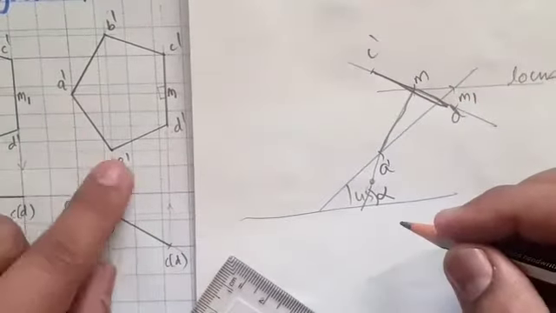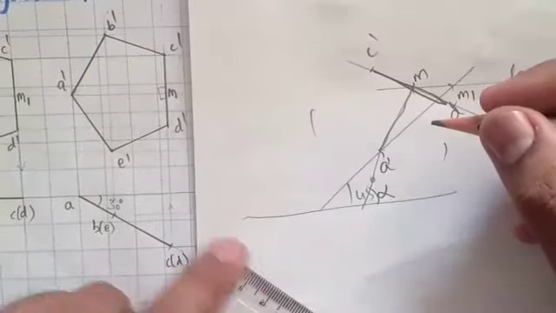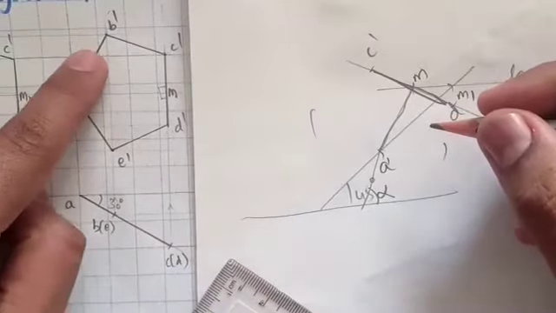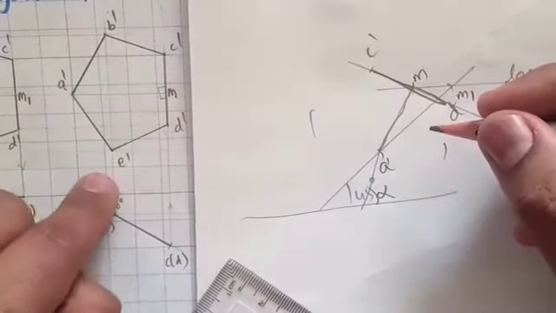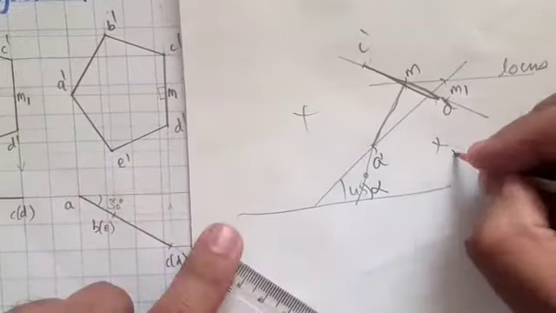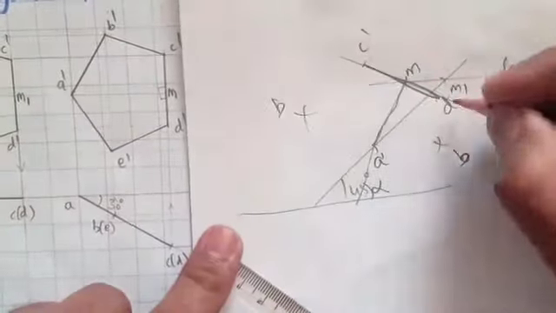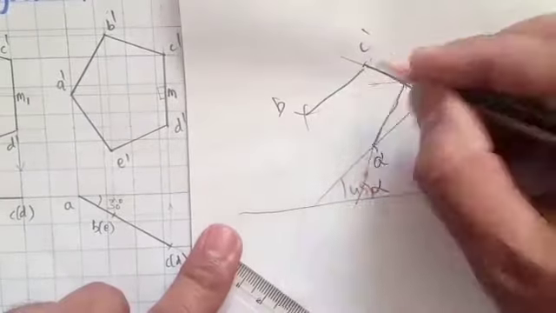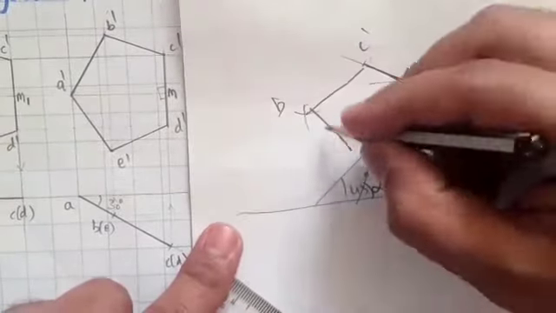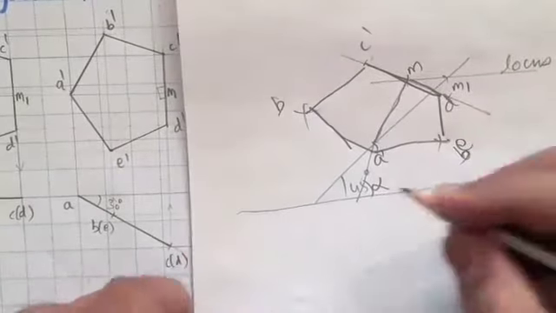So AE and AB are equal. AE and AB, I'll draw an arc on both sides of these two lines. Next, CB and DE are both equal. So CE and DB are equal. So I can name it like this: AB, CD, and E, and construct this pentagon, A dash, and find the alpha.